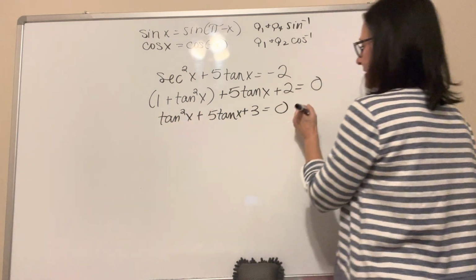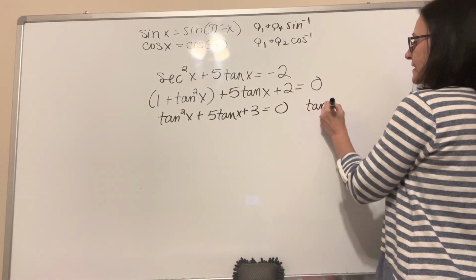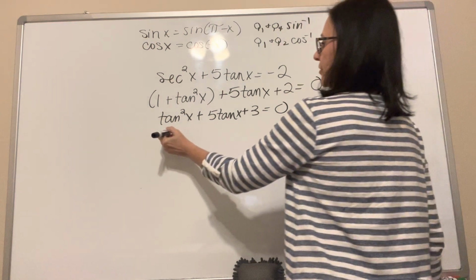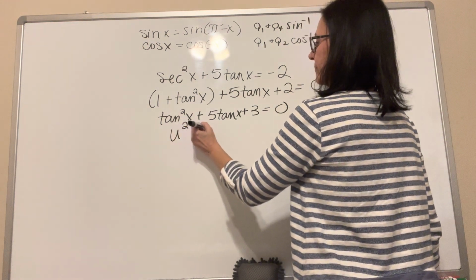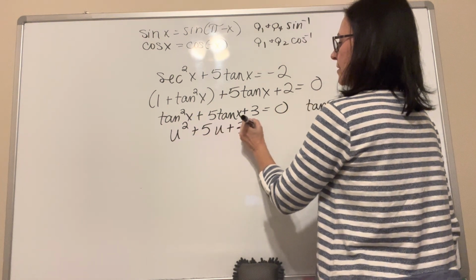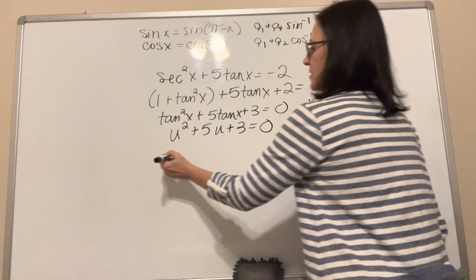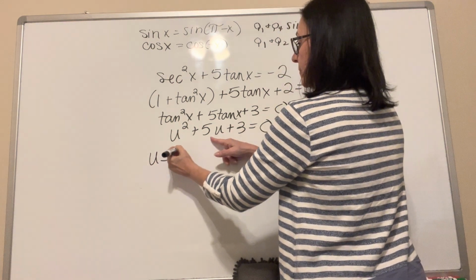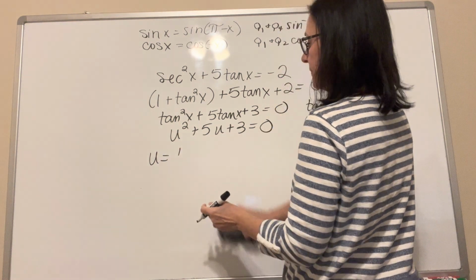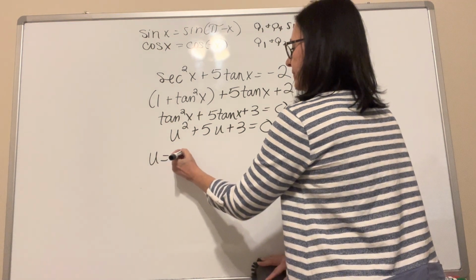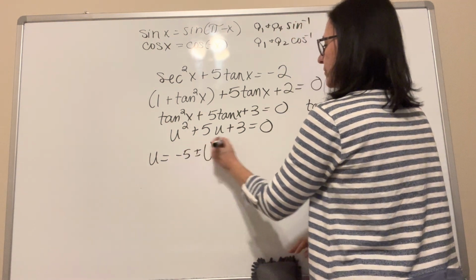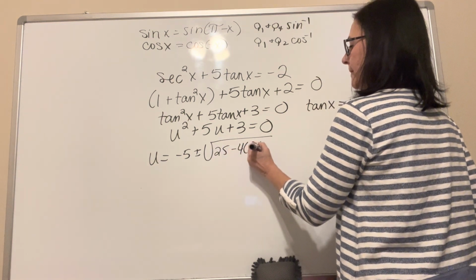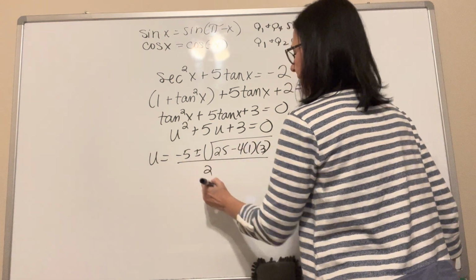For tan x, I'm going to substitute in u. So this is u squared plus 5u plus 3 equals 0. So what does u equal? U equals the opposite of b, negative 5, plus minus the square root of b squared, that's 25, minus 4ac, all over 2a.